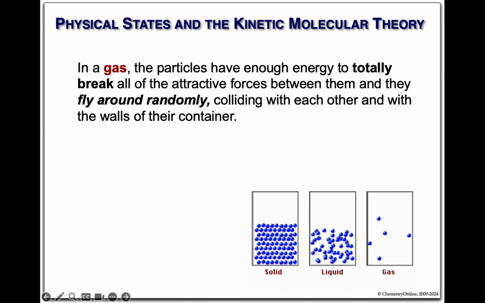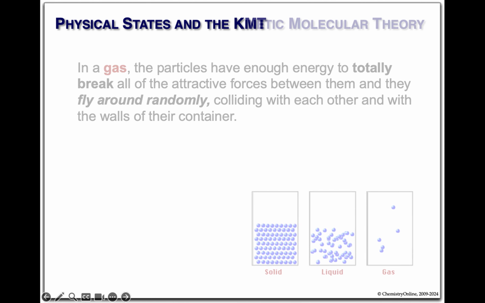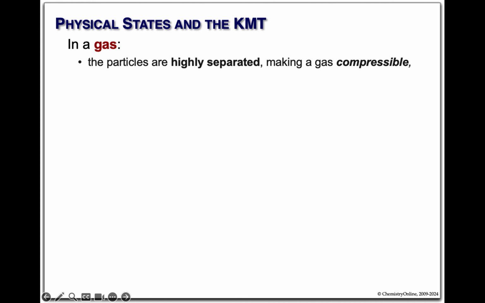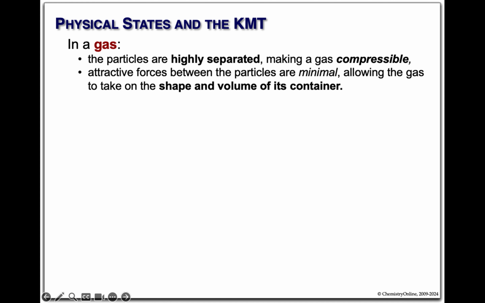So in a gas, these particles are very far apart. That means you can take a gas and you can compress it. Attractive forces are minimal, they basically don't exist. It takes on the shape and volume of the container. Every time it hits the wall, it transfers a little bit of energy.